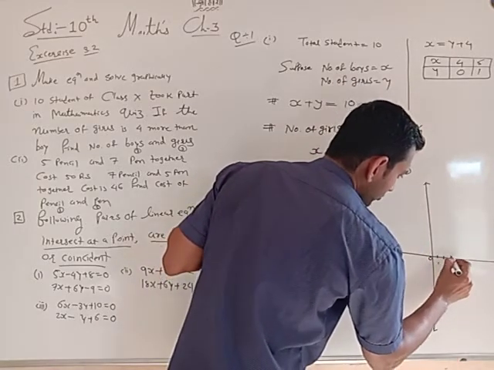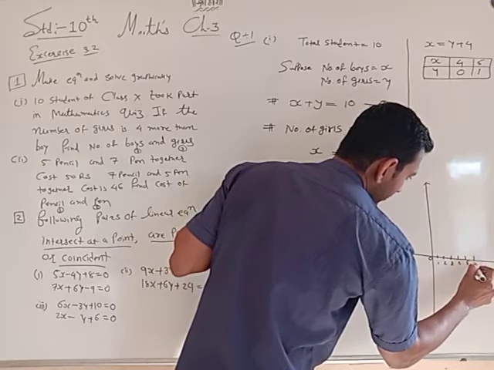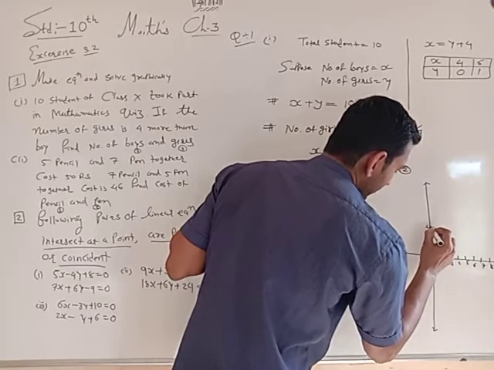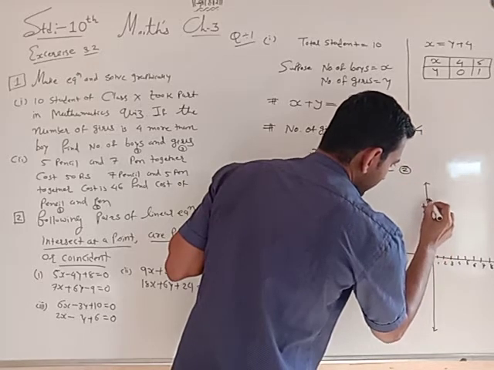0, 1, 2, 3, 4, 5, 6, 7, 8, and 1, 2, 3, 4, 5, 6, 7, 8.